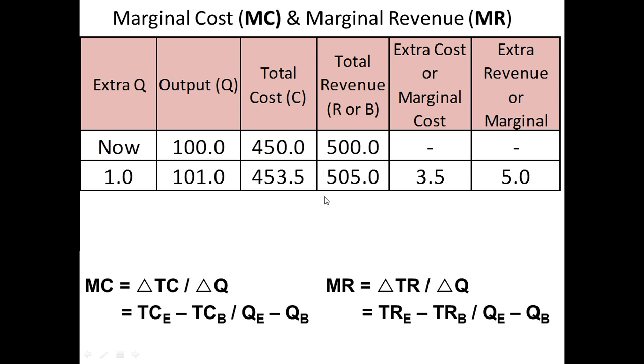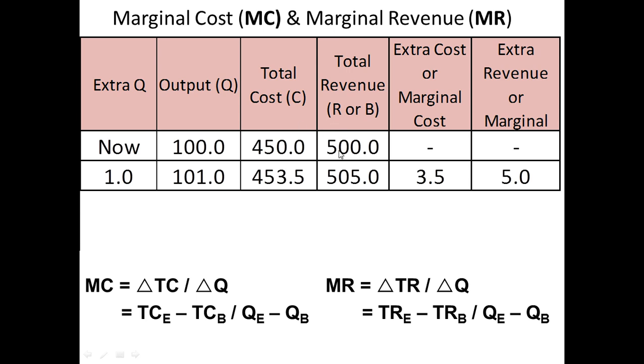That's why this is about extra, about change, with beginning and ending. So to find marginal cost with this formula, I got 3.5 from this data. To get extra revenue, or marginal revenue, the result is 5 using this formula from this data.